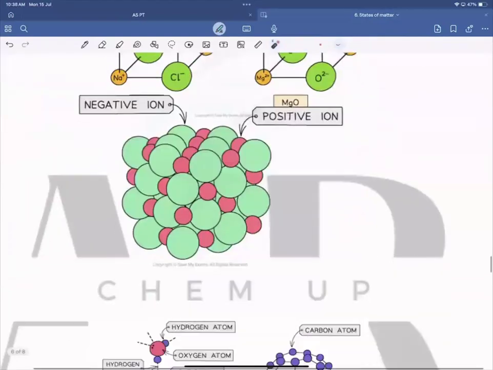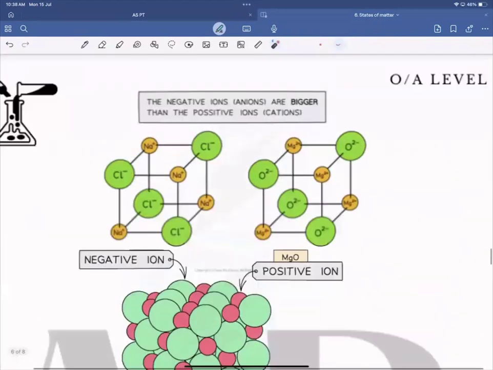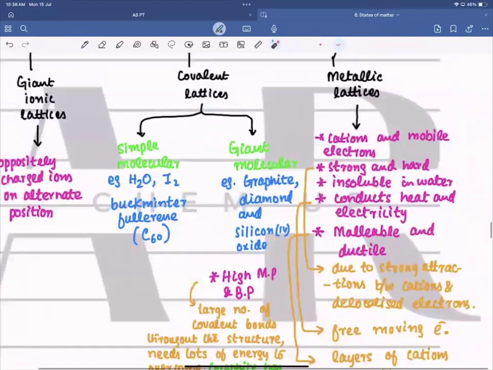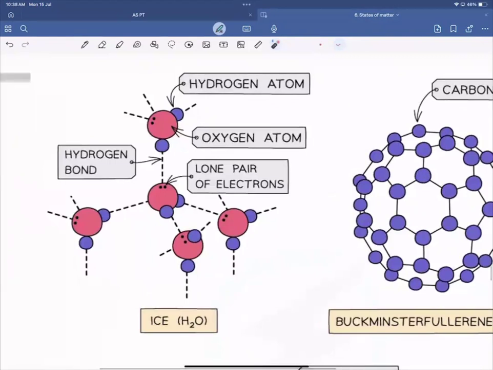Now, these three examples we did for simple covalent molecules. See what happens in water. This joining of the atoms in the molecule is due to which bond?